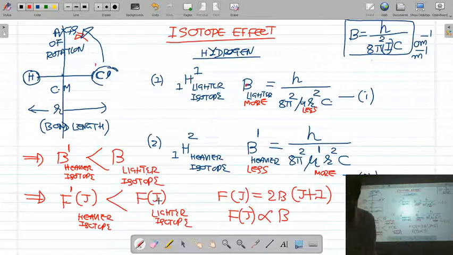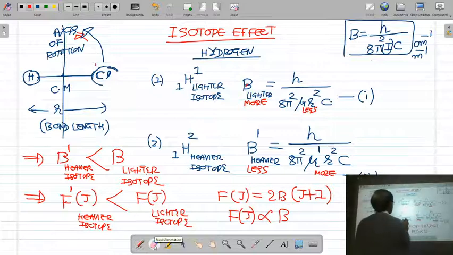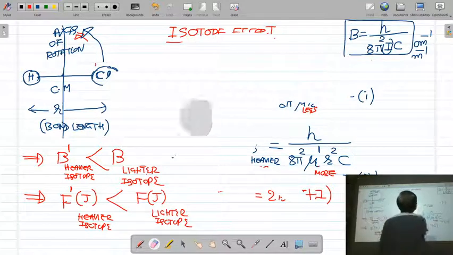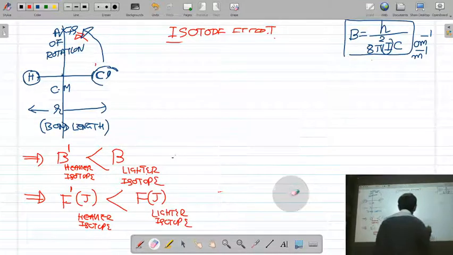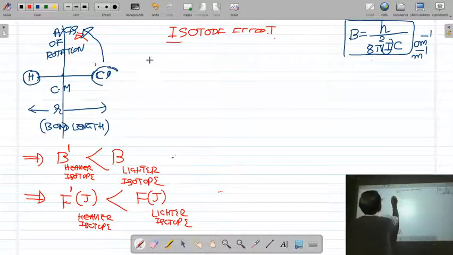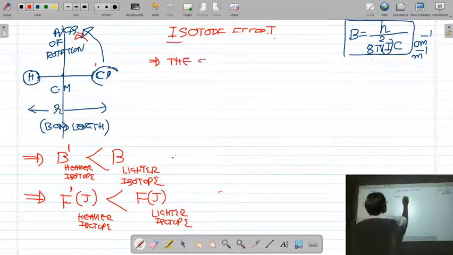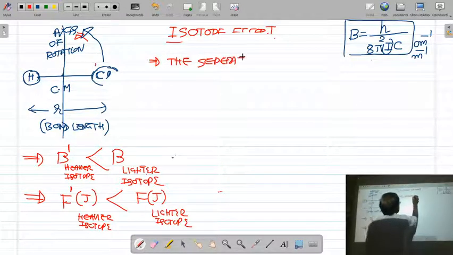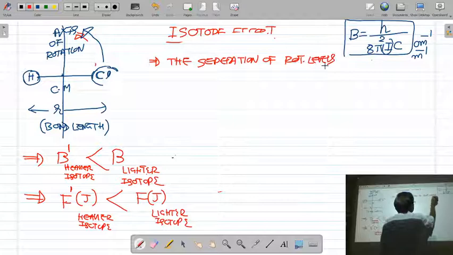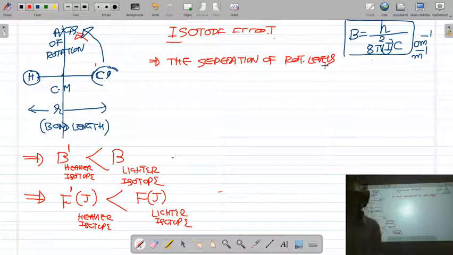What does this suggest? This suggests that, I write the conclusion, the separation of rotational levels, because actually the rotational constant B determines the separation between rotational lines or rotational levels, because the separation between consecutive rotational lines of a rigid rotator is 2B.